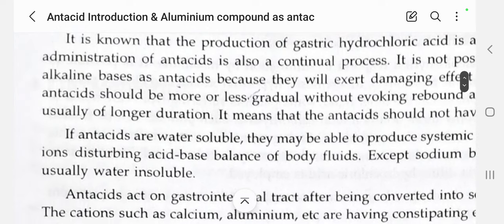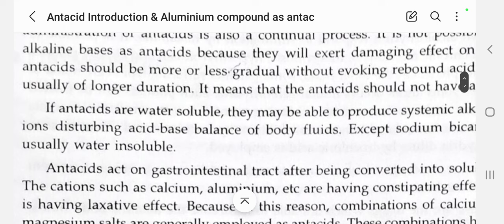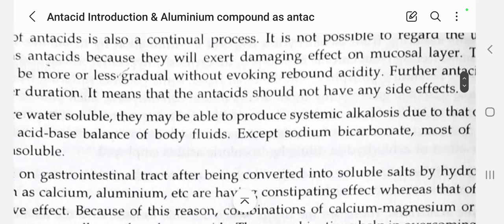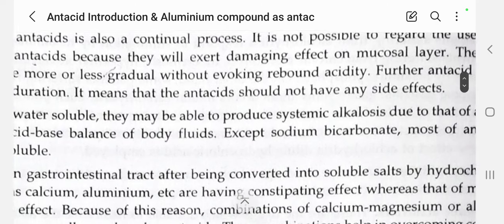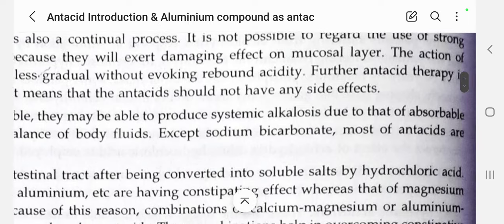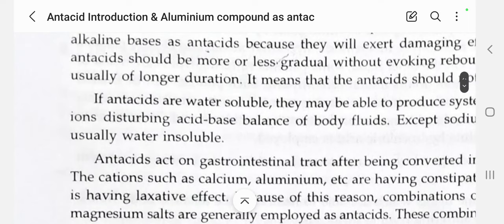Next, these are the ideal characteristics of an antacid. If an antacid is water soluble, it may be able to produce a systemic alkalosis, due to absorbable ions disturbing the acid base balance of body fluid.